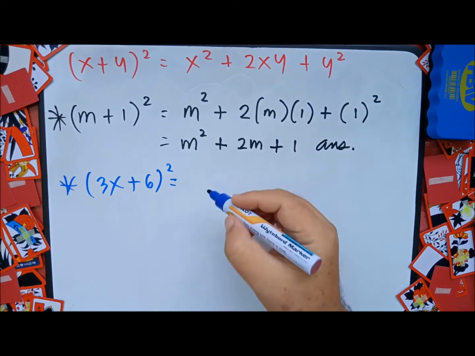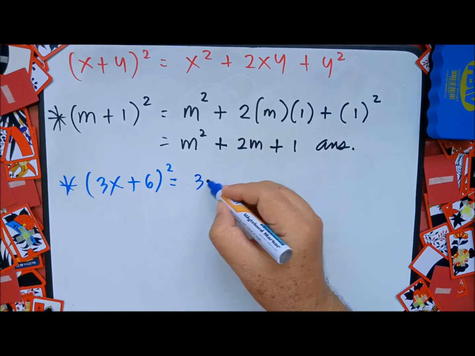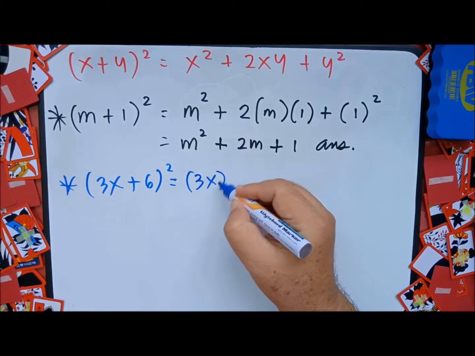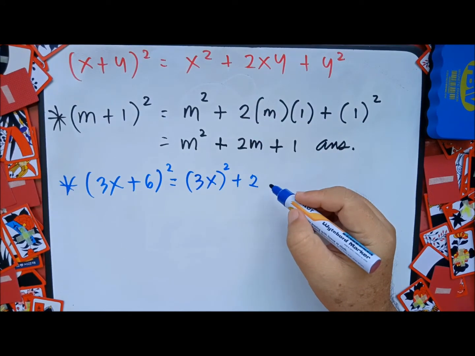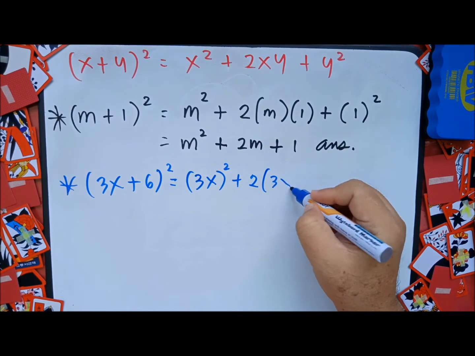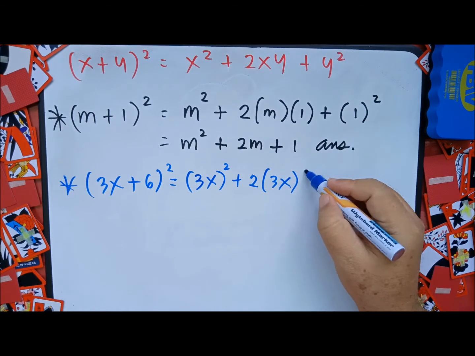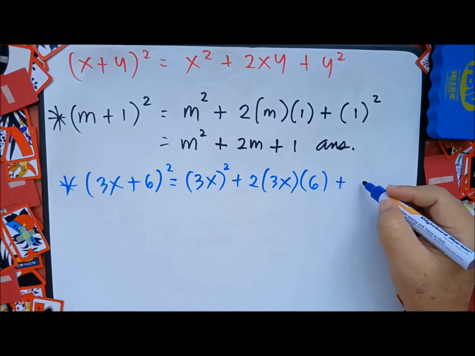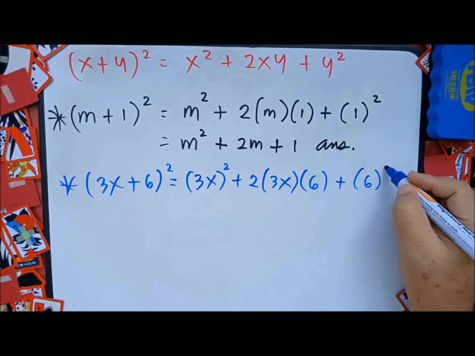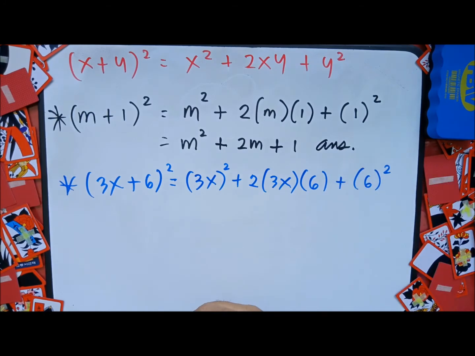What is your x? 3x, squared, plus 2, which is constant there. What is your x again? 3x. What is your y? 6. Then, what is your y? 6 squared. Now, simplify. How will you simplify that? Power to power rule.